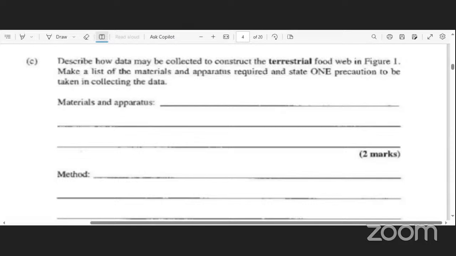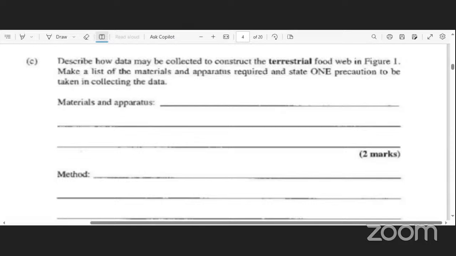So do you think we could have used the quadrat in order to count the caterpillars in that area? I think we could use the quadrat to count the caterpillars. They do not move that fast. We could toss a quadrat and count the amount of caterpillars that are present.